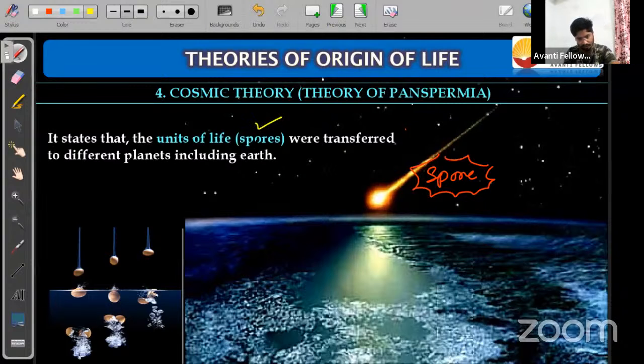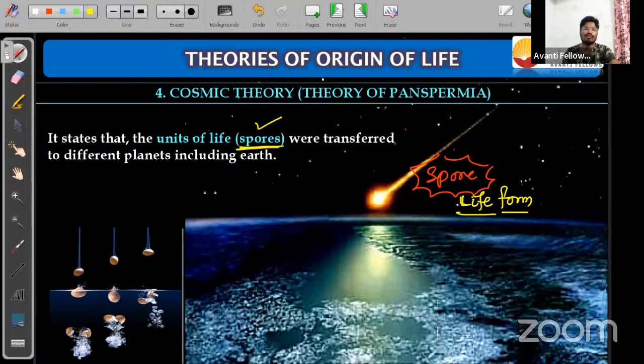It states that the unit of life or spore were transferred to different planets including Earth. I mean, according to this particular theory of panspermia, spore, that was a life form, migrated onto the Earth surface, and as it got proper living conditions here, this spore germinated and changed into a living form.